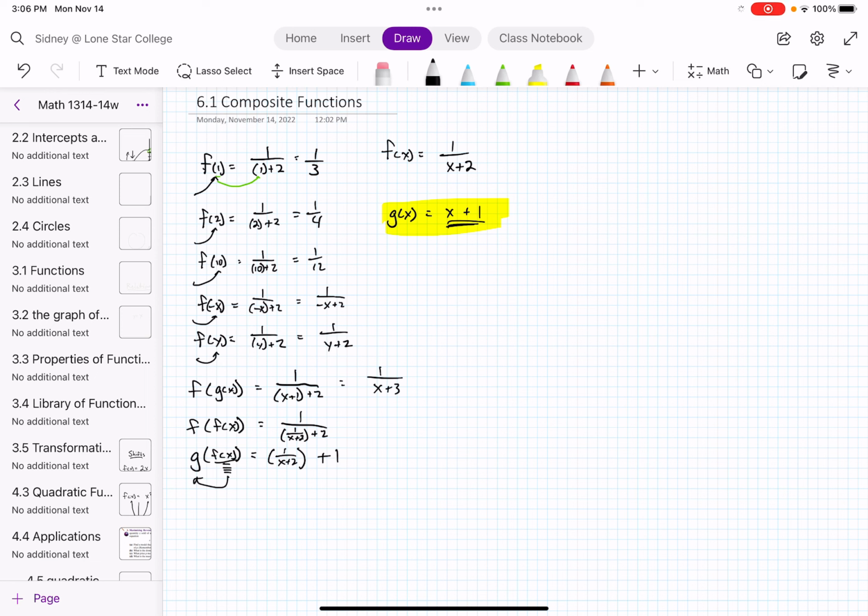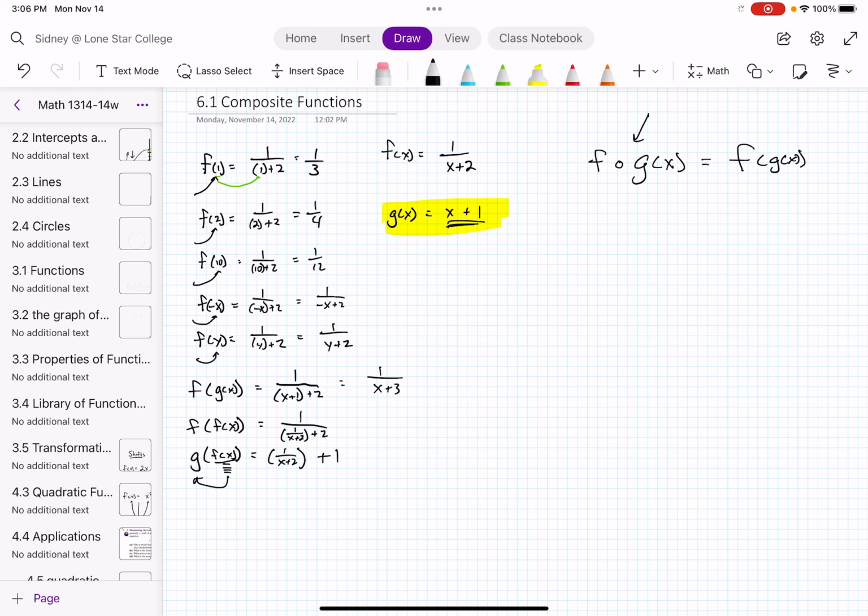Now, a little bit of conventions, how this is written. A lot of times you will see it written like this. This right here means this.